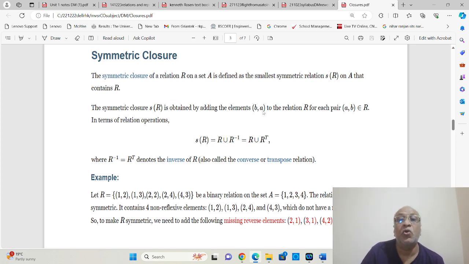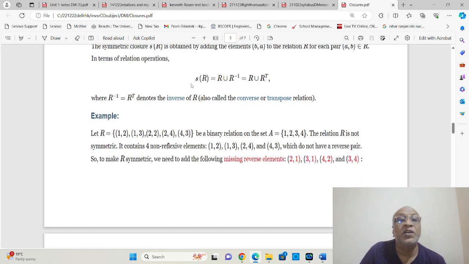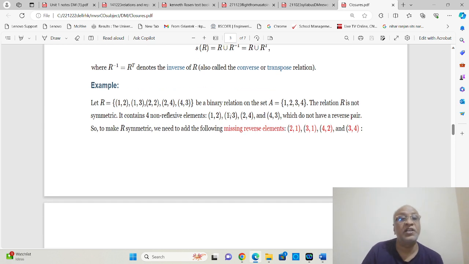So remember this, go on adding (b, a). In terms of relation operations, symmetric closure is R union R inverse, or R union R transpose if it is matrix representation.